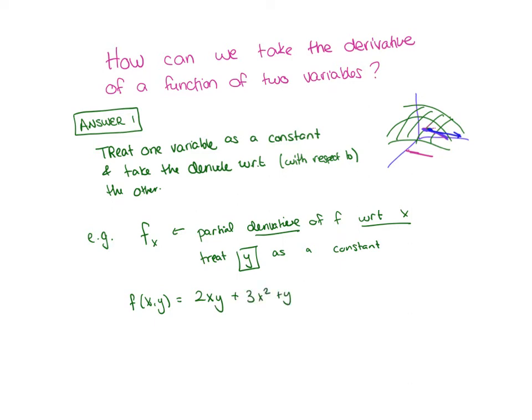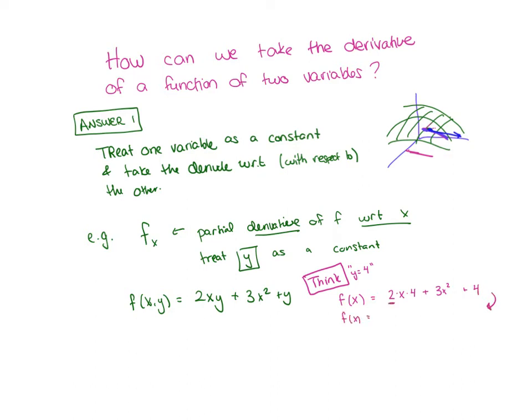So if you're having trouble with this, you can do this in your head or even do it out on your paper. I'm going to think of the y as something like a constant. So maybe I'm thinking of it as a 4. So if I had this function that only depended on x, and it looked like 2 times x times 4 plus 3 times x squared plus 4, I want to think about what the derivative would be.